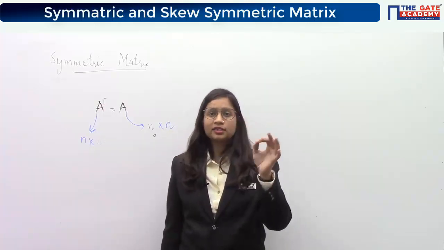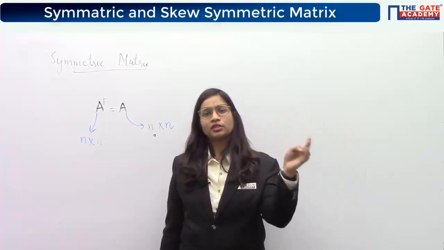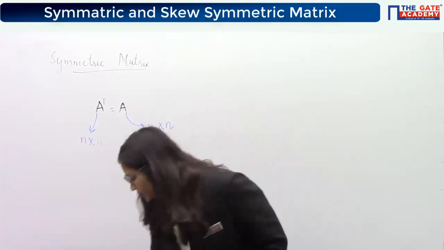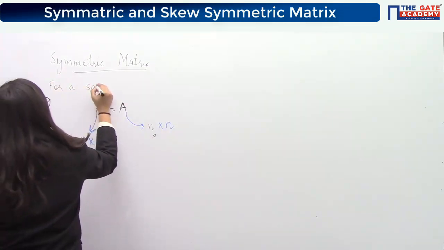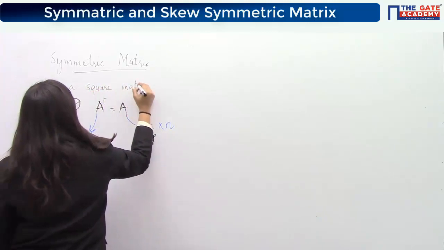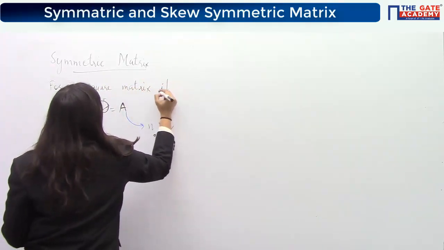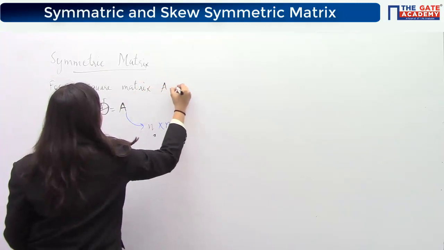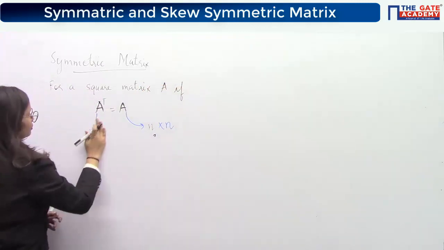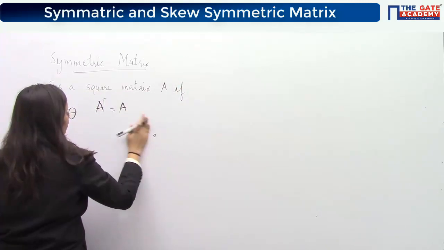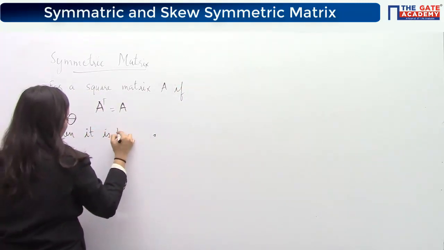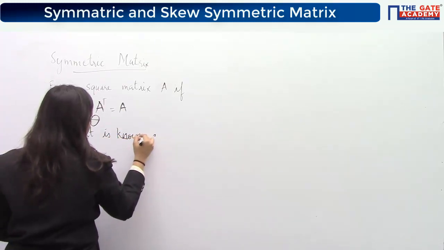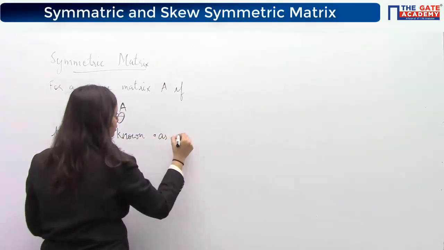Okay, so now again I am defining a symmetric matrix. A symmetric matrix is a square matrix for which the transpose is equal to the matrix itself. So for a square matrix A, if A transpose is equal to A, then it is known as a symmetric matrix.